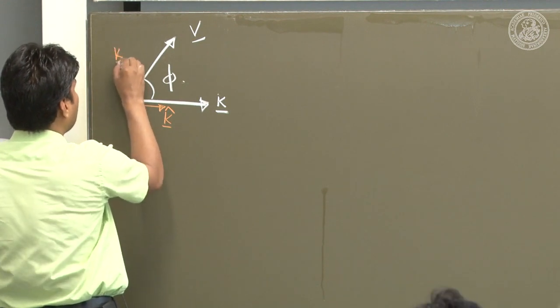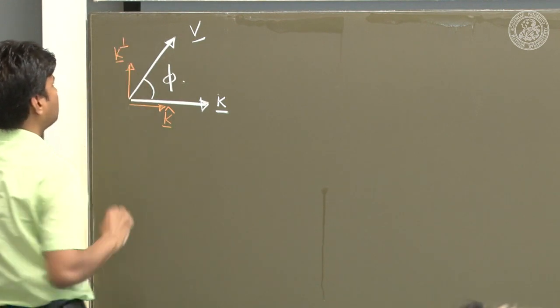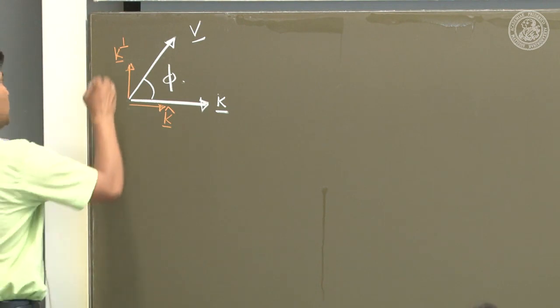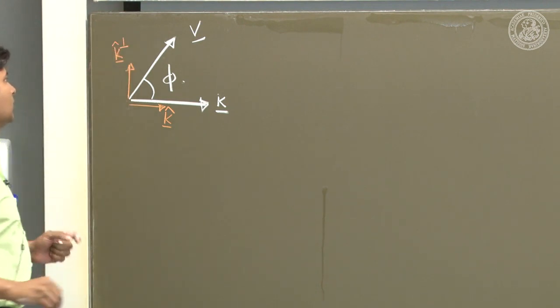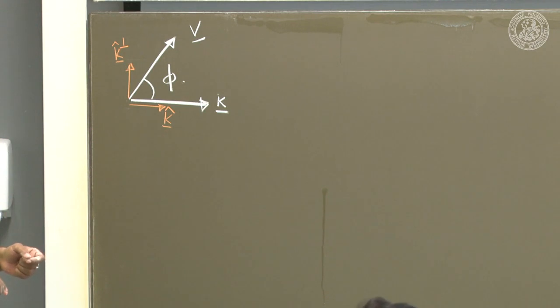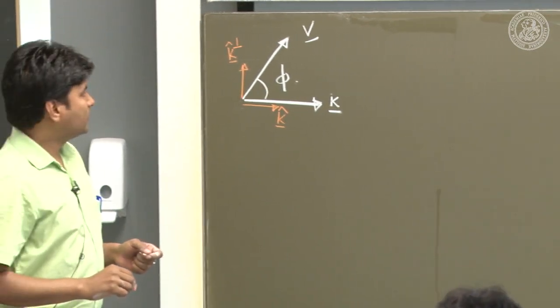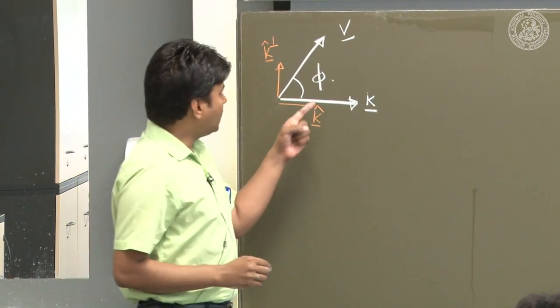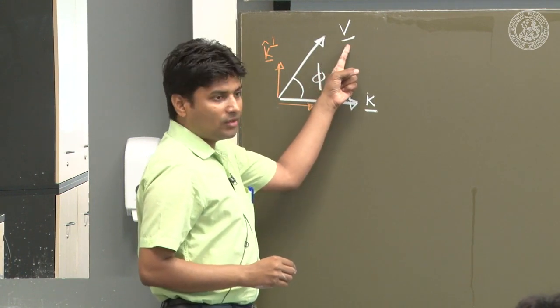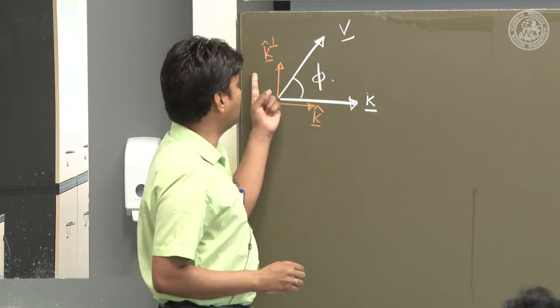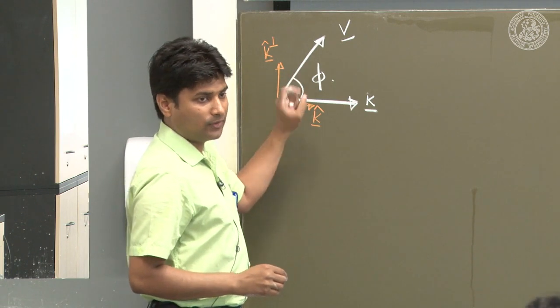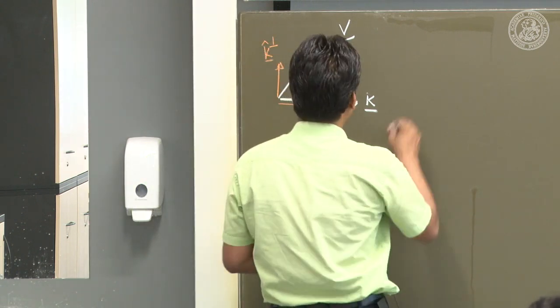So, I will call it K perpendicular, and of course, it is a unit vector, K hat perp. Okay. And then I want to write my V in terms of K hat and K hat perp. I want to decompose this V. So, what will V look like?